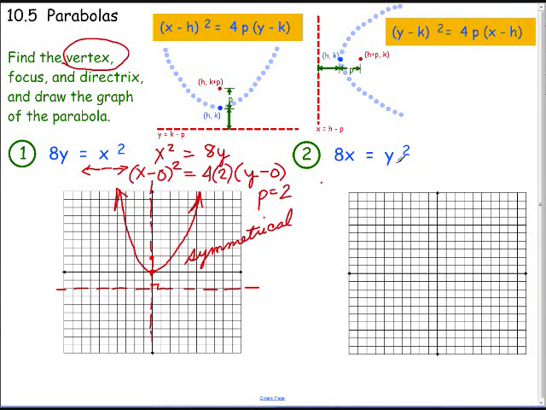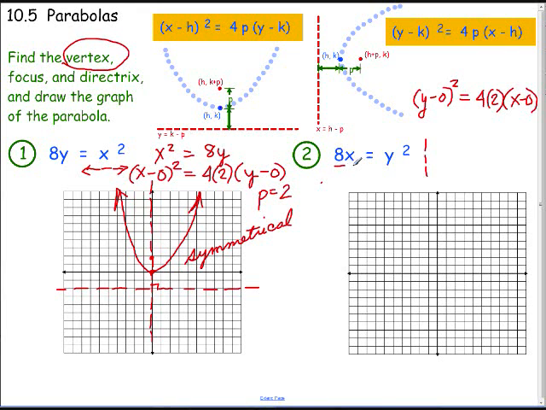All right. Here we have y squared, so that tells me that my directrix is going to be up and down. And if I rewrite this as y minus 0 squared and x minus 0 for my linear, and 4 times 2, which I have to do to get 8.